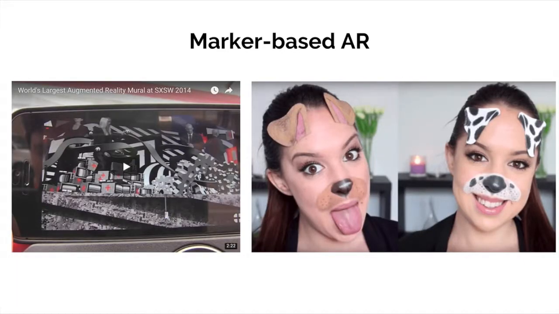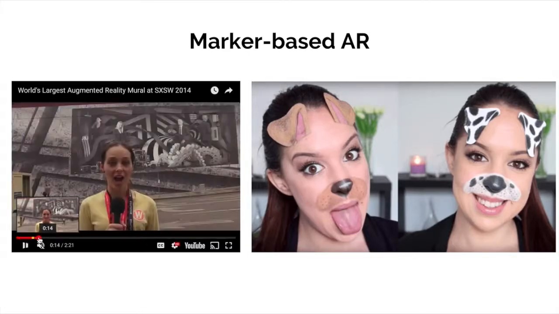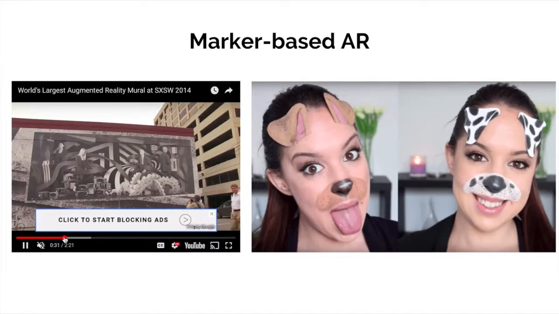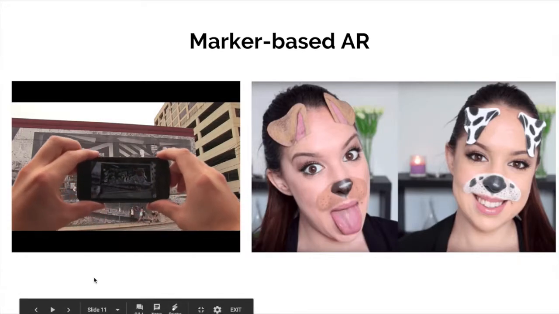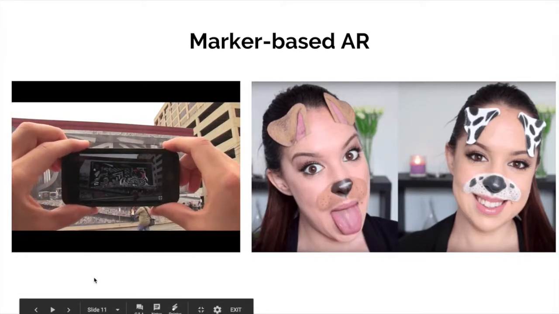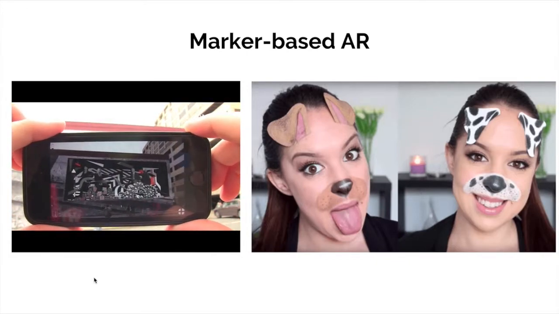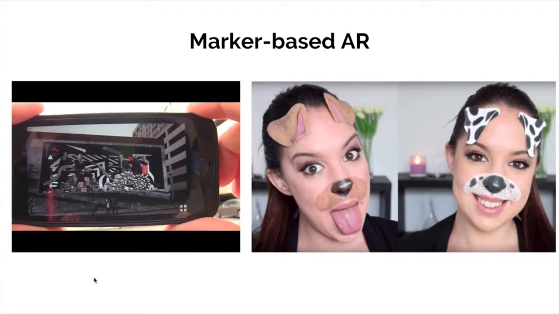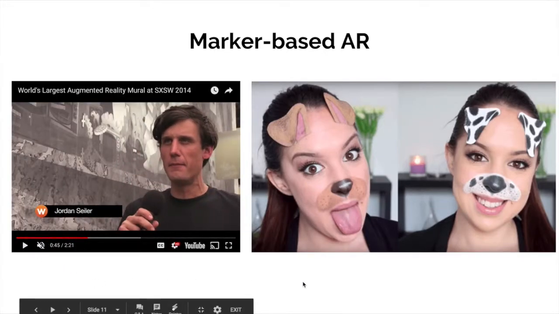You see here, I have examples of the Snapchat face filters, but also there was this mural in Austin that if you go on the corner of, I think it was 7th Street and Congress, and you hover your phone over a mural, it would appear as though the mural was moving through the app that you had to download. And so that was quite an interesting example.